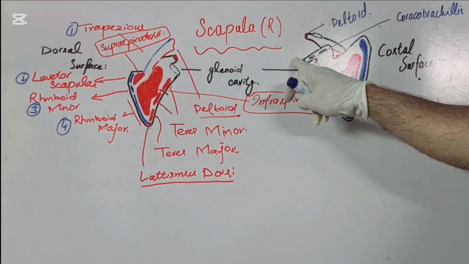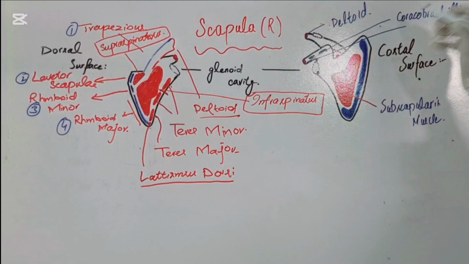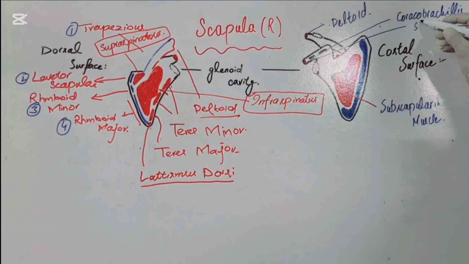From the coracoid process, one more muscle originates, that is short head of biceps brachii.